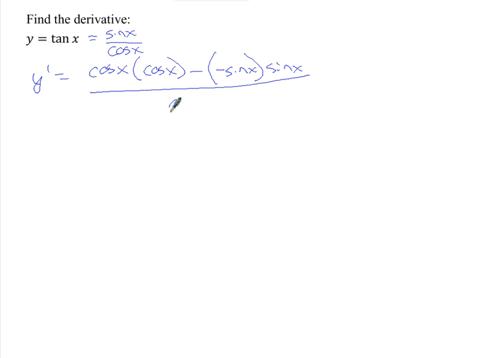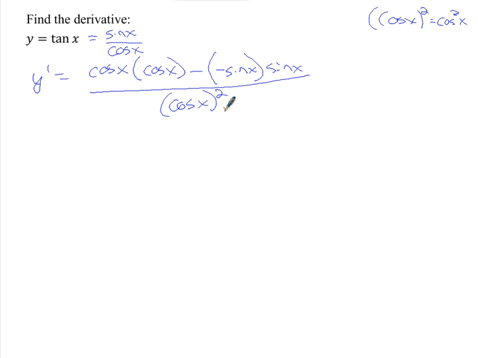So cosine x squared. I'm writing it like that for a reason. Cosine x squared is the same as cosine squared x. We know that. But I'm writing it like this for a reason. It's kind of like not FOILing the denominator.